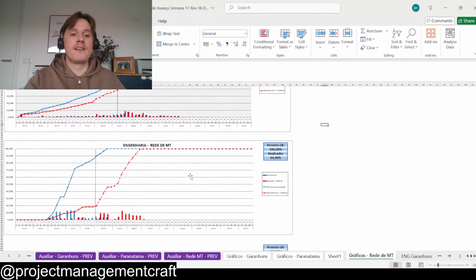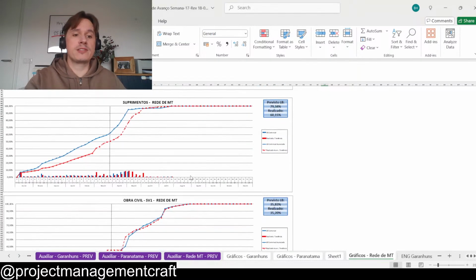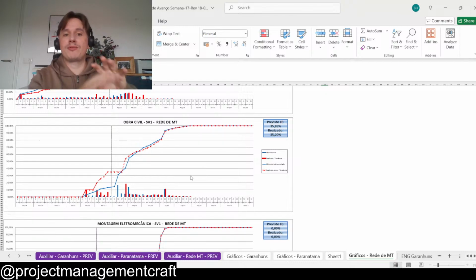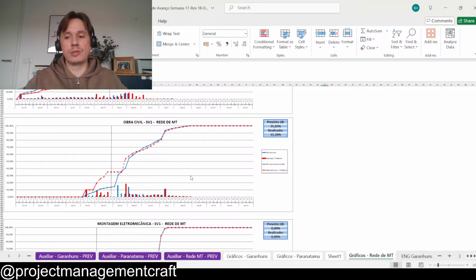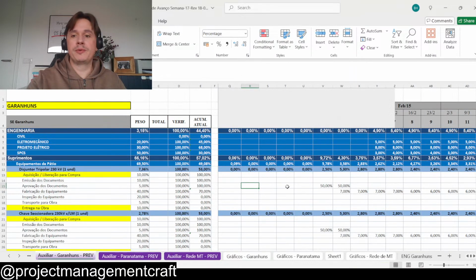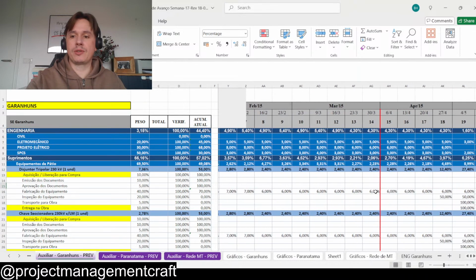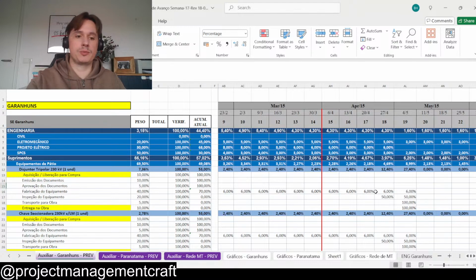So it makes it very easy to see where the deviations are, because you have those breakdowns in further blocks. And of course, if you want to go to the level of detail, what was done and what was not done, you can go here in the preview. And as I mentioned, you're going to see the details, if it was done or not.